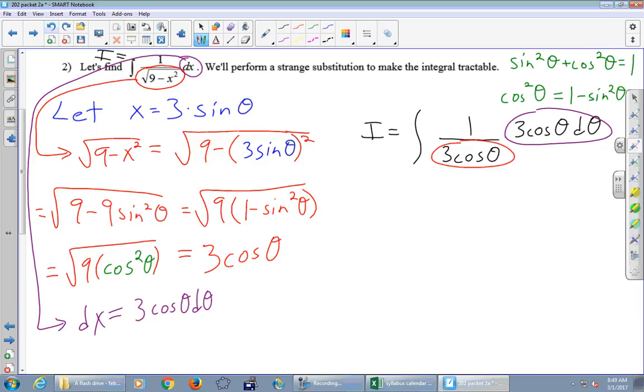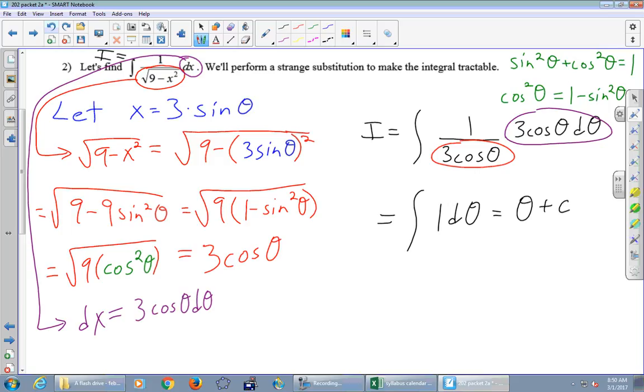Everything in the original has become replaced with some equivalent thing in this new integral. Okay, so this is really the integral of what cleaned up thing? 1 d theta, right? And what is the integral of 1 d theta? Not x, but theta, right? That's the variable in this case. Theta, and then don't forget plus c and all of our things. And so that's our answer.